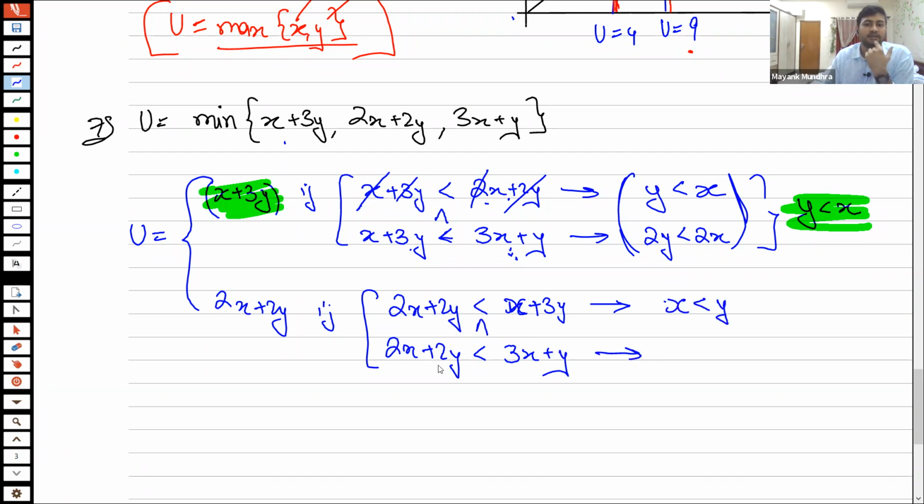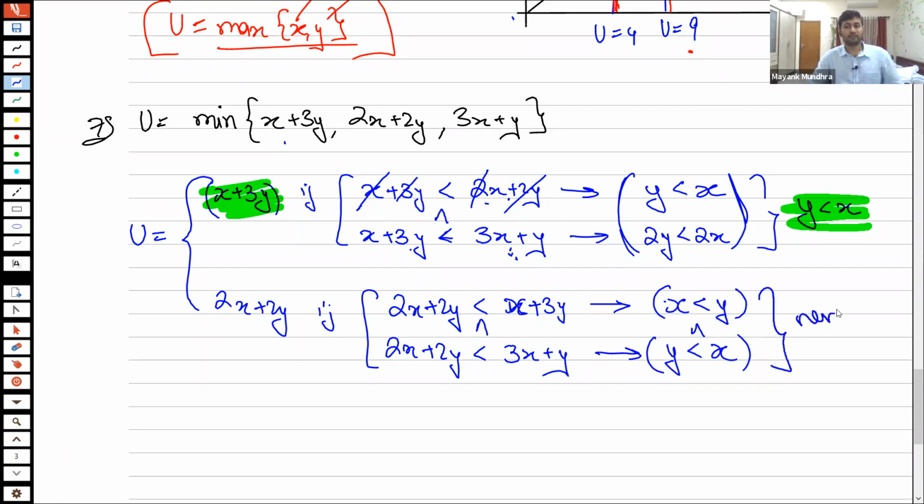And when I resolve this thing, it gives me y less than x. Now, the intersection of these two things: x should be less than y and y less than x. Both these things cannot be simultaneously true. There would be no point in the Cartesian plane where both these things would be true. So this would never happen. If it is less than this, it cannot be less than this. It cannot be simultaneously less than both these things.